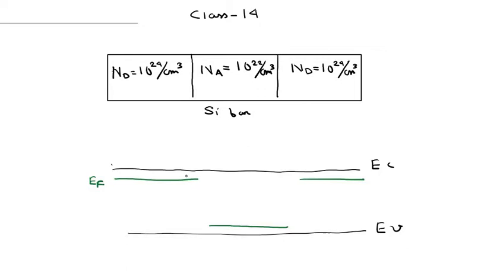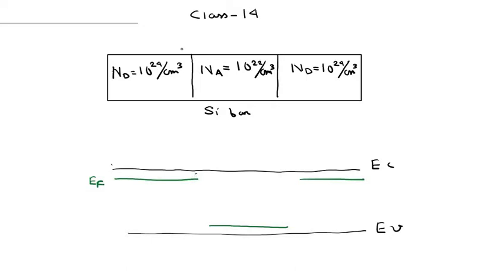Because in this left region and in this right region, the probability of occupancy of electrons at the higher energies is more, and that is why these electrons would try to flow from this region to the middle region, because in the middle region the probability of occupancy of electrons at higher energy is lesser. That's the crude explanation.